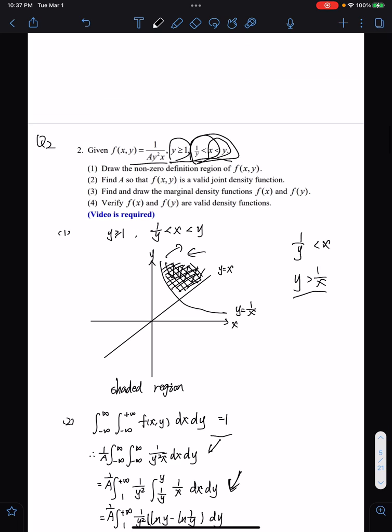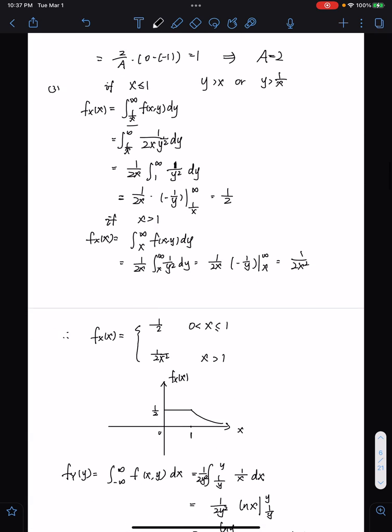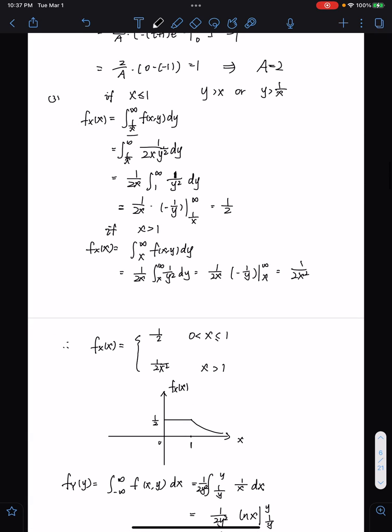The third question is to find and draw the marginal density functions of x and y. First, we also apply the density function property, which is fx equals the integral of fxy with respect to y. And then we also need to find the upper and lower bounds.